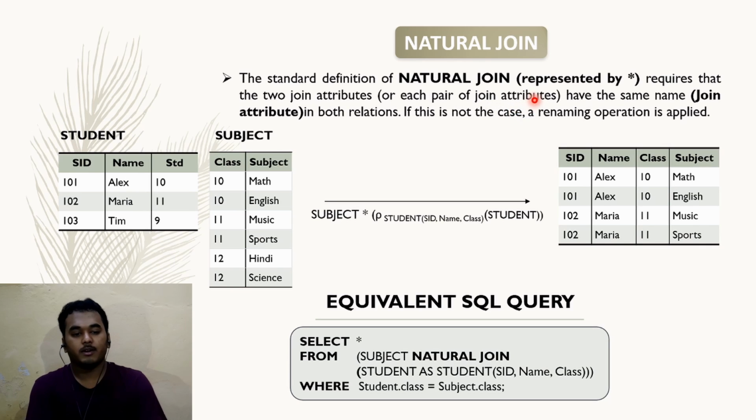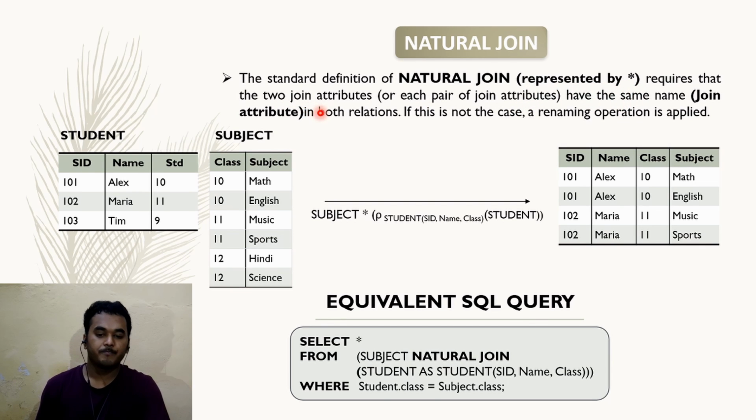It is represented by an asterisk mark, and it requires that each pair of join attributes have the same name in both relations. That particular attribute is termed the join attribute.